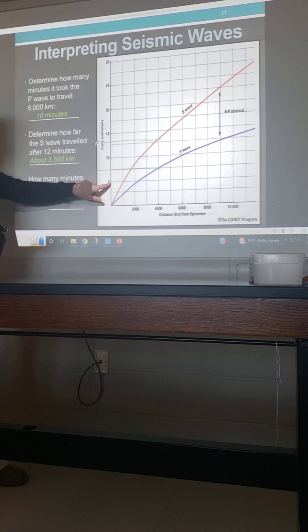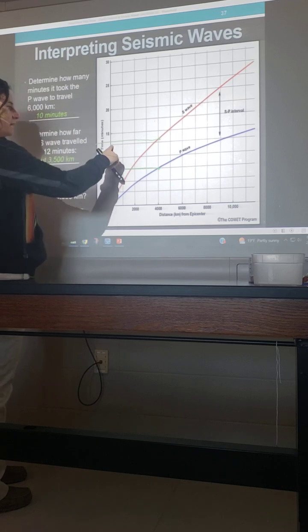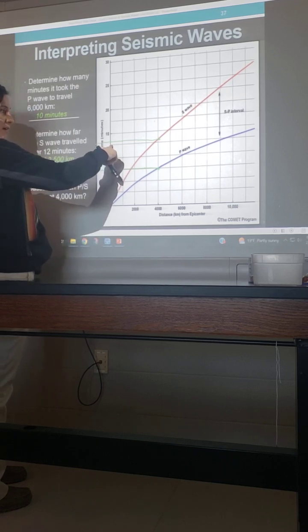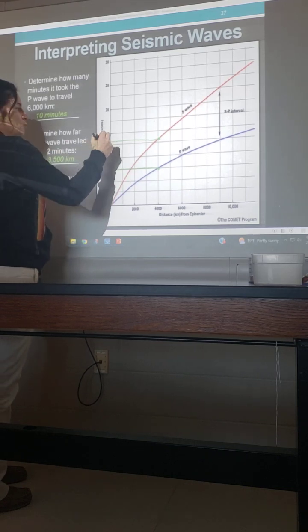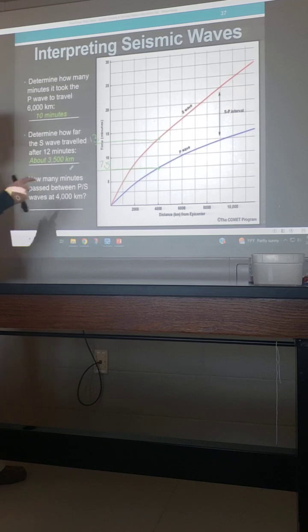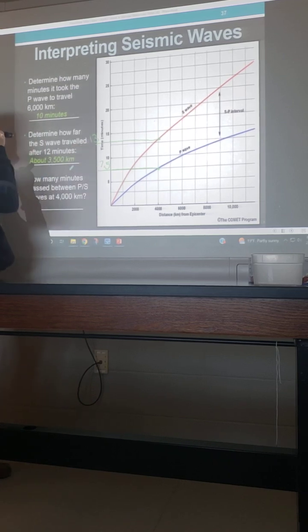We said that each space was 2.5, so this is going to be 7.5, and then this is our 12.5, so maybe 13. This is where the estimate, or a good guess, comes in. So 13 minutes and 7.5 minutes.